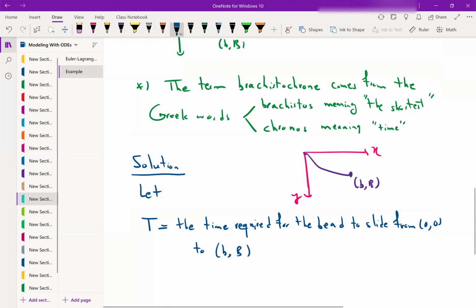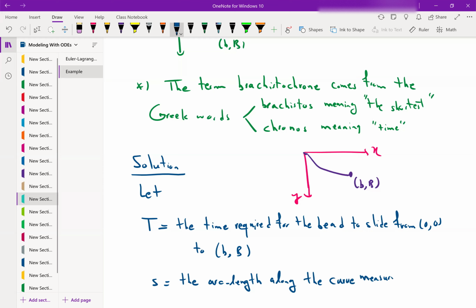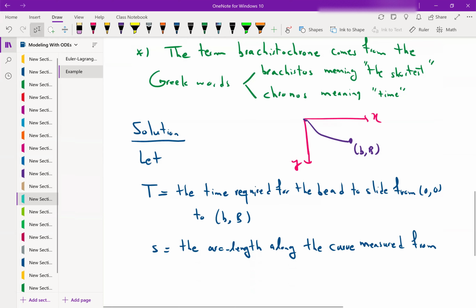I'm going to introduce little s as the arc length, the distance traveled along the curve, measured from the initial point, the origin, 0, 0.